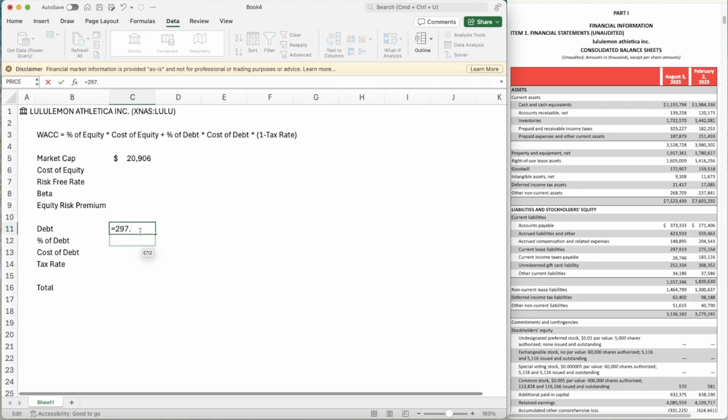So with this, we put it as 297.919 because we're doing our own spreadsheet in millions rather than in thousands. What's this? 1464.799. Perfect.